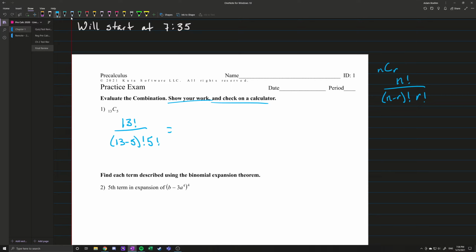And when you do this, you get... Also, if you have a calculator, in order to get to the factorial stuff, you hit math and then scroll all the way to the right to probability, and it's there. So I'm just going to simplify this.